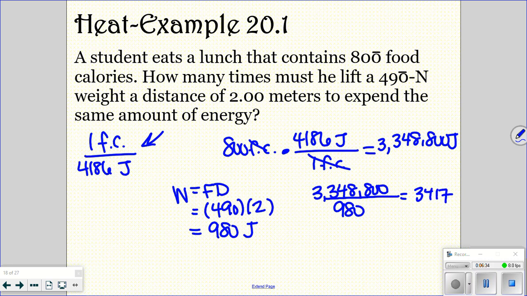And we have 3 sig figs, so that's going to be 3,420. So how many times? That's how many times he has to lift it. And if you look at the book, they put it in scientific notation. I don't really care if you put it in scientific notation or not. That doesn't matter to me. Okay, so that's how you could use your formulas.